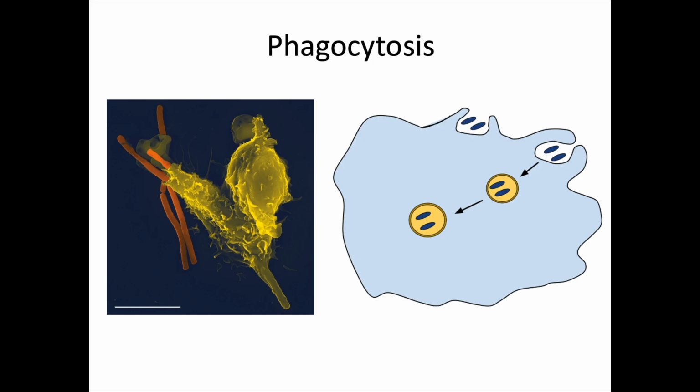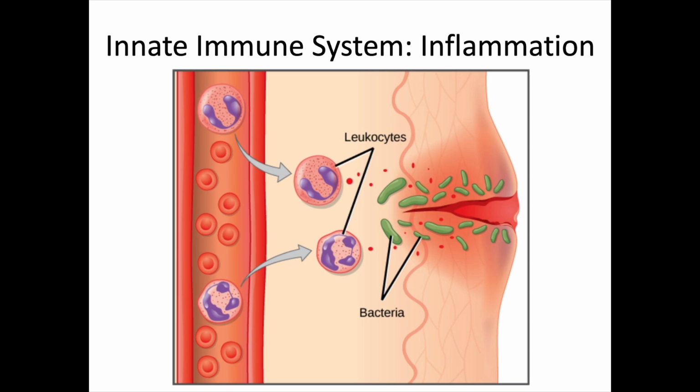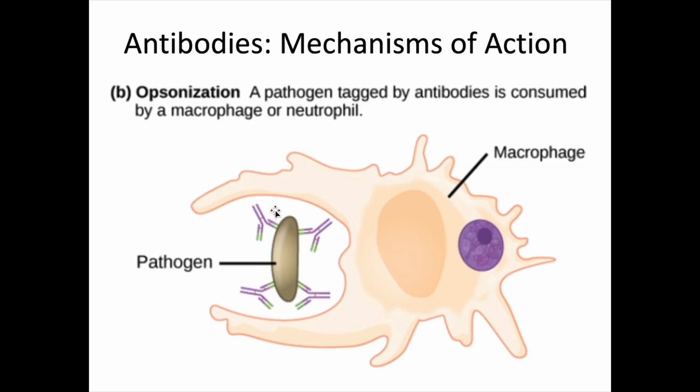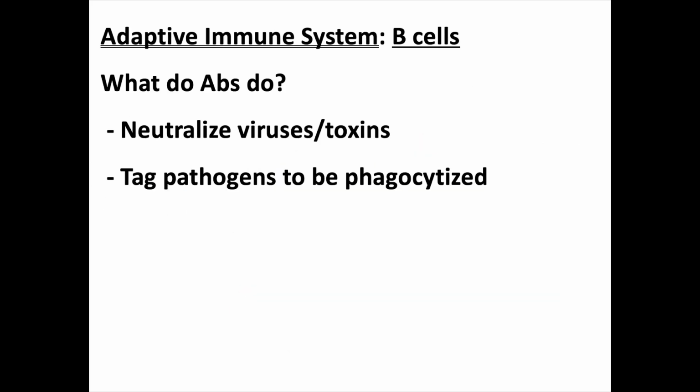They can be brought into the site of infection by cytokines, but if they were to see some pathogen just floating around in the body, not on a wound site, they wouldn't necessarily know that it's something bad. However, if a pathogen is coated with antibodies, that's going to tell these phagocytic leukocytes, like the macrophage, oh, this is a bad thing. I'm supposed to destroy this. So that's what I mean by tagging these pathogens for phagocytosis.